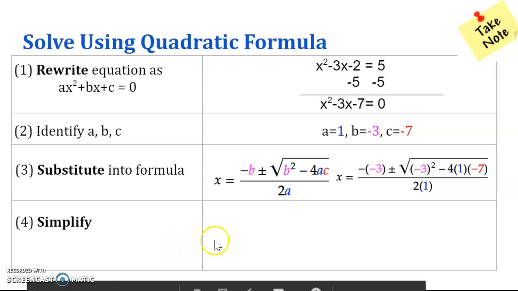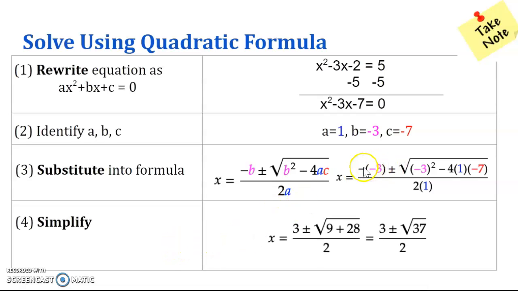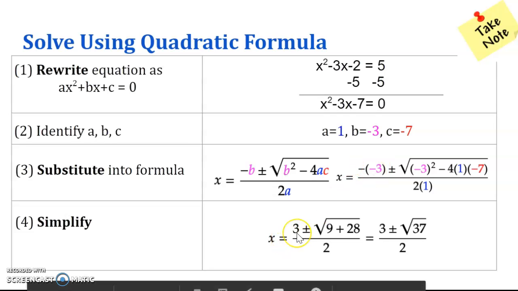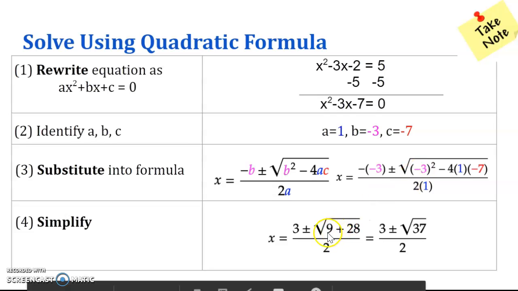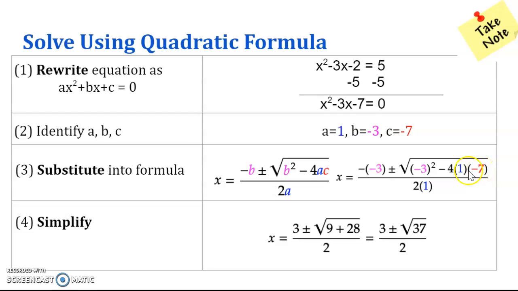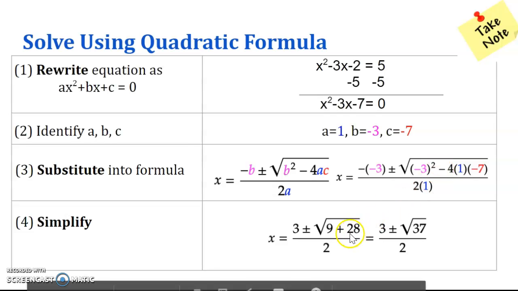Then you simplify. Negative of -3 becomes +3. -3 all squared is not -9. This is the same as -3 times -3, which is +9. And 4 times 1 times -7 is -28. You take the negative of -28, and that becomes +28. So you're adding 28 to it. So 9 plus 28 under the square root sign, all over 2 times 1, which is just 2.